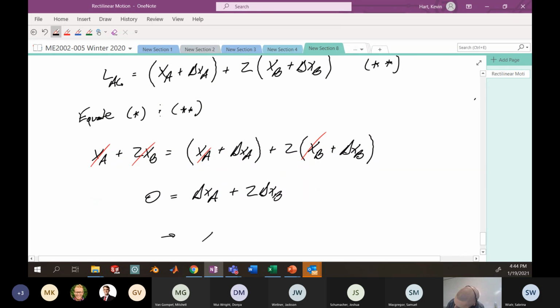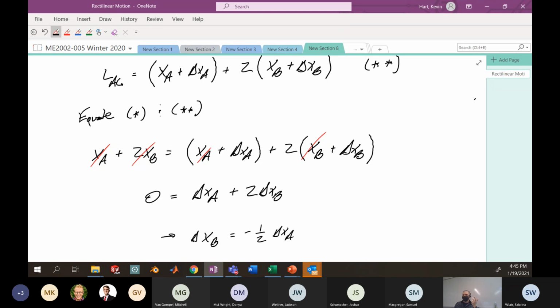Or the change in B is going to be negative 1/2 the change in A. So B is moving the opposite direction, half the amount that you moved A. If object A moves by an amount delta XA, object B moves half that amount in the opposite direction. That's one way you could figure out what's happening with this dependent motion, this classic mass and pulley problem.